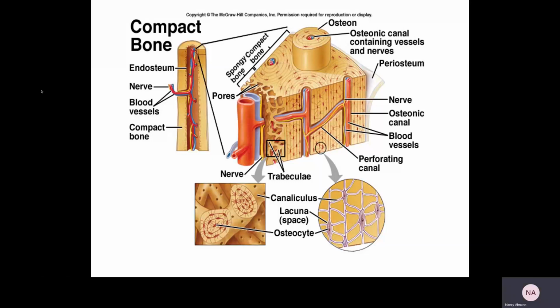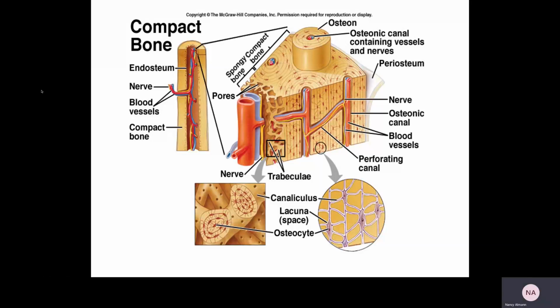If you take a look at the little tiny dots, those are going to be osteocytes within lacunae. So let's move down to the picture at the lower right part of that diagram, where you can see the lacunae, which is that space or pocket in which osteocytes live.